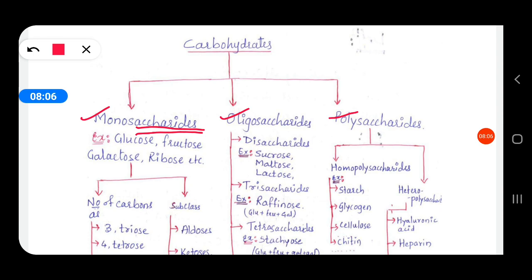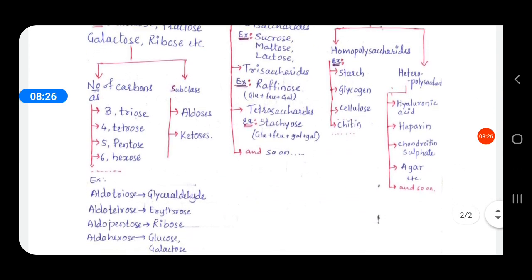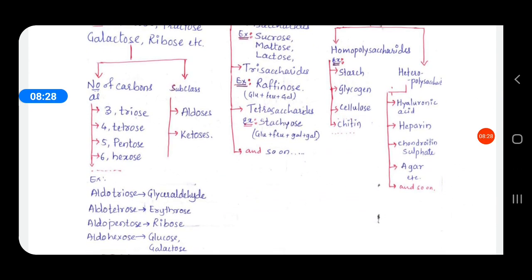So there are 5-membered carbons, 6-membered carbons, 3-membered. So already we have discussed, that is glyceraldehyde, dihydroxyacetone. They all are monosaccharides. These monosaccharides are further classified into two subclasses.